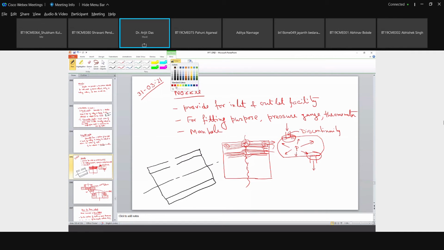So suppose I am attaching the nozzle here. This is the hole. Okay.